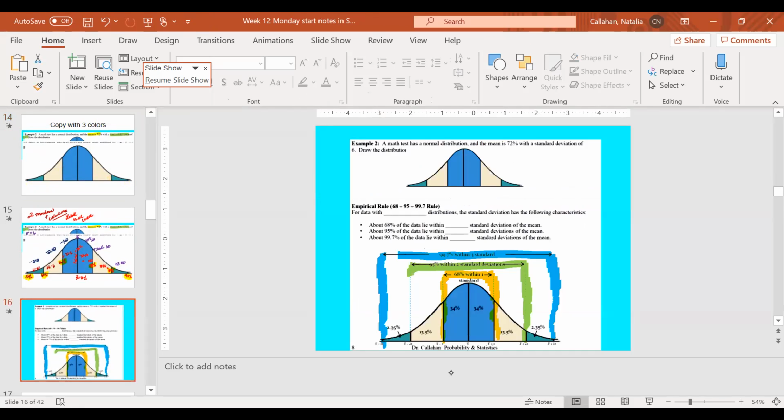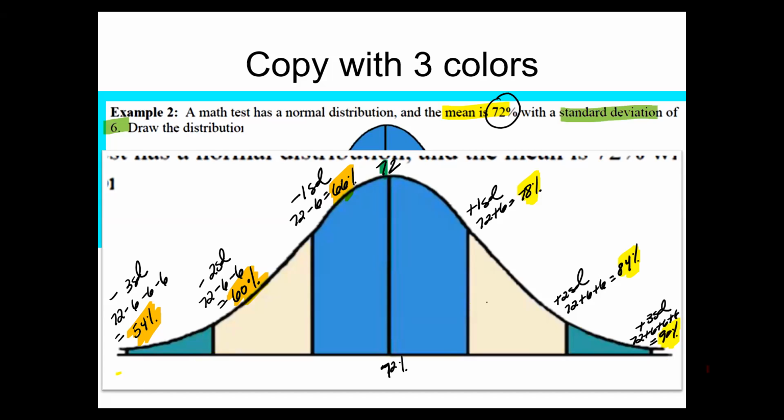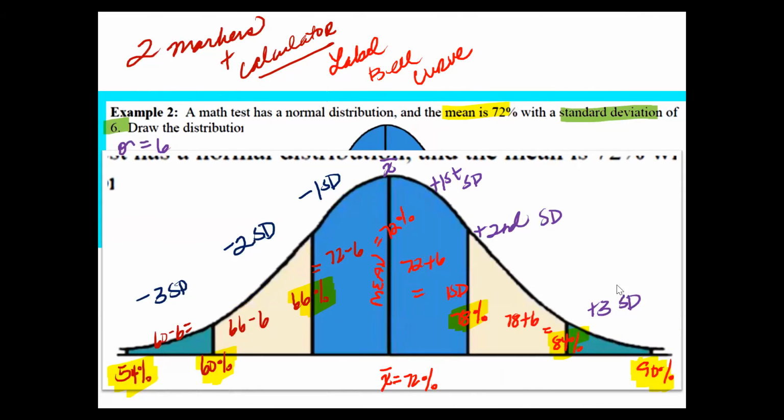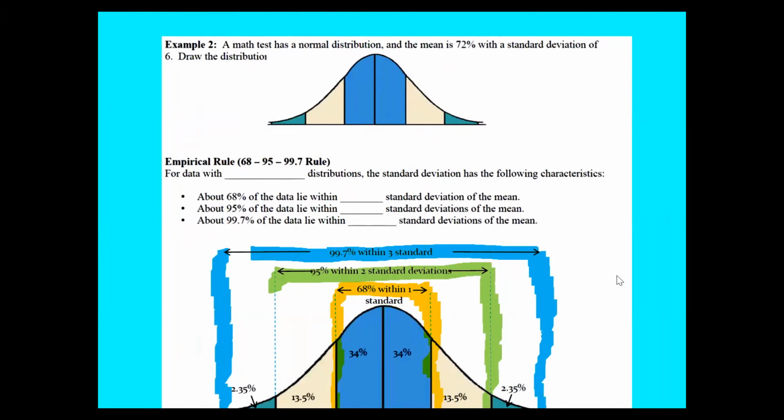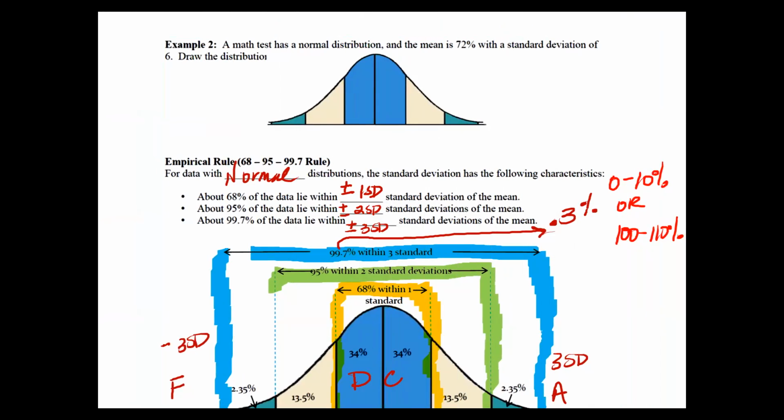All right. So then let's take a look at the next part of this. Okay, so there is an empirical rule that we oftentimes use with standard deviation, and it's the 68, 95, 99.7 rule, okay? And this is the part that I want you guys to go ahead and copy down.